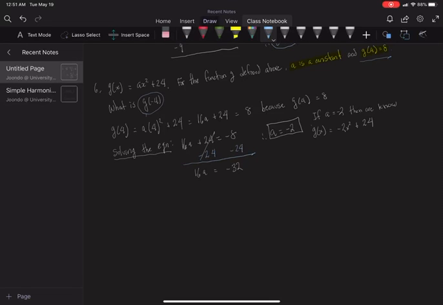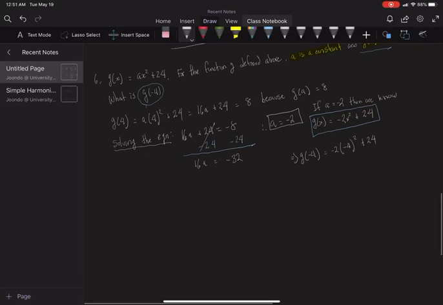Now, if we know this information here, we can find what g of minus 4 is. So let's find g of minus 4. So g of minus 4 is equal to negative 2 times negative 4 squared plus 24, right?